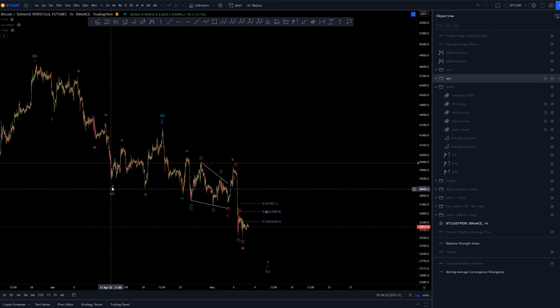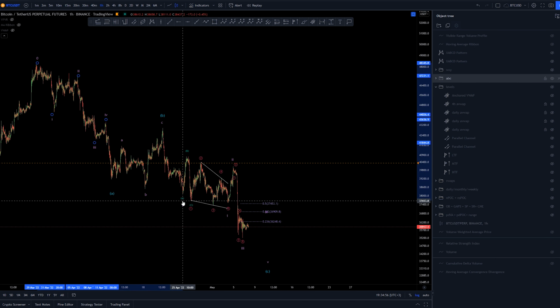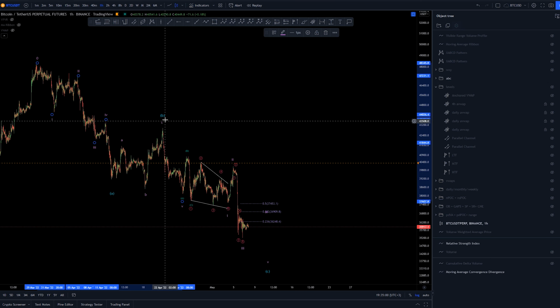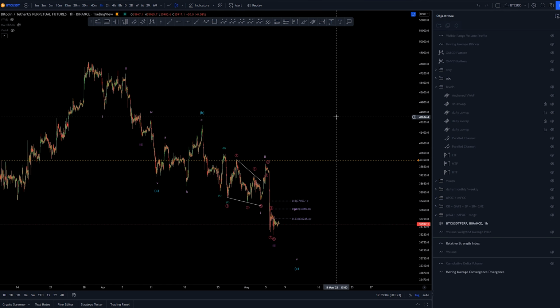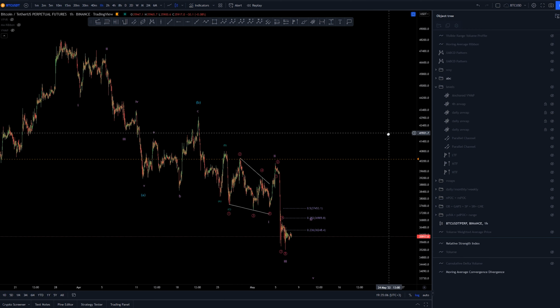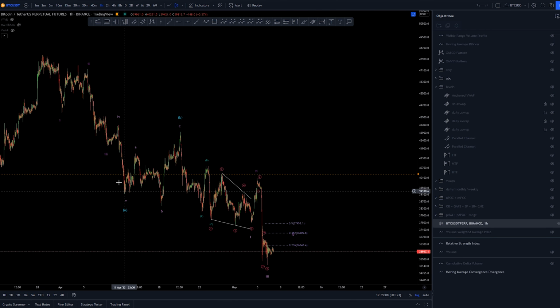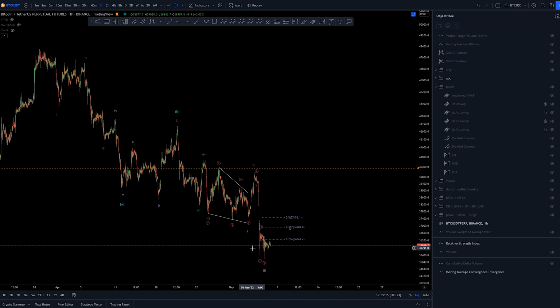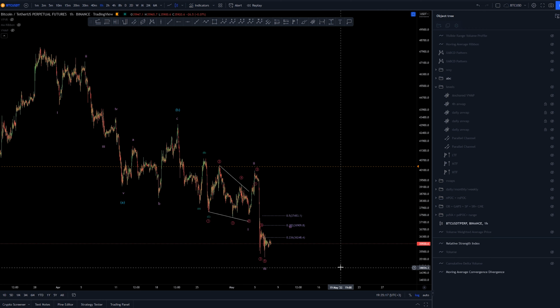There was also a possibility where this fifth was actually after here, and 3 was here. This would have created an ABC into the 4th. But currently, as it stands, Elliott Wave gives us the possibility and flexibility to change the counts as more price data appears. So this is my current count that I would be playing on.